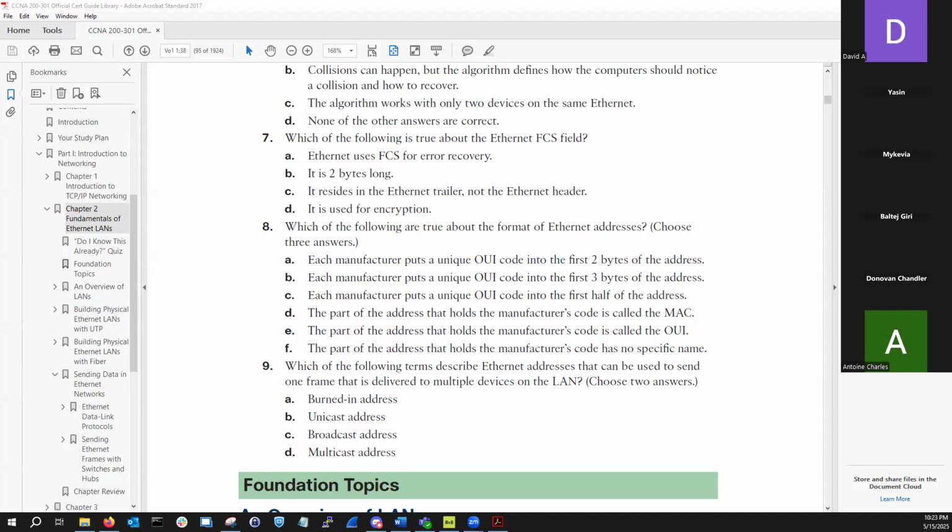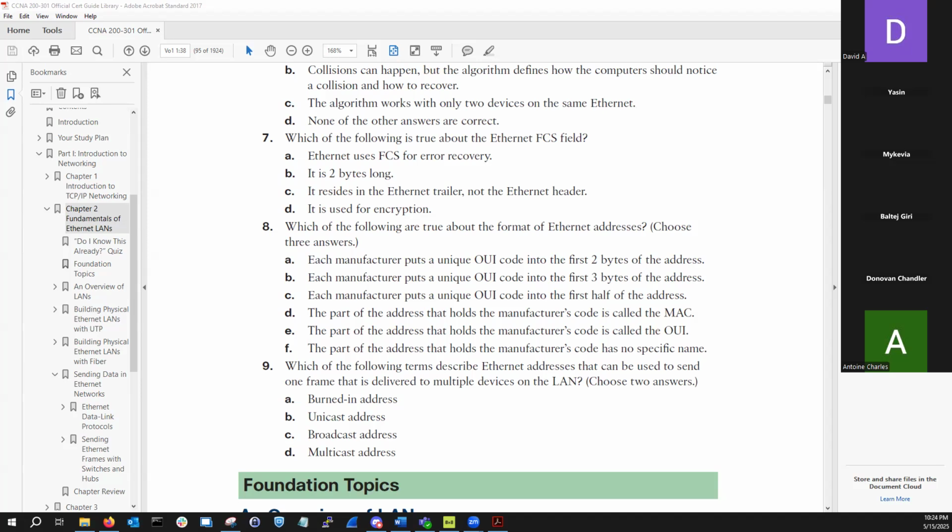OUI stands for organizational unique identifier, which identifies the company via the first 3 bytes of a MAC address, not the first 2 bytes. So we cross out A and say B is one of the answers that rings true, because each manufacturer puts an OUI code into the first 3 bytes of the address. Let's keep going.